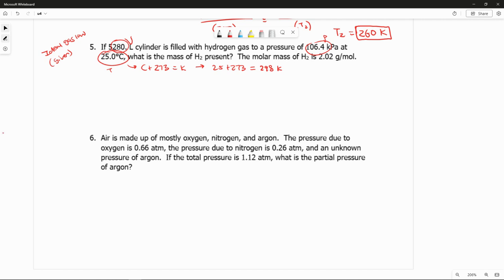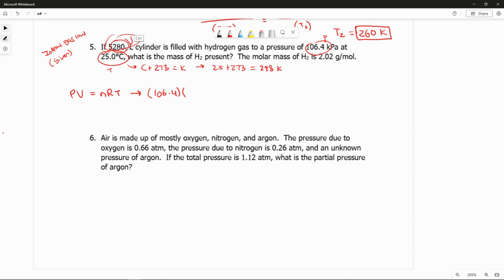The ideal gas law is PV equals nRT, n being the number of moles, and R being the constant for gas laws. So, pressure, we established it was 106.4 kPa.